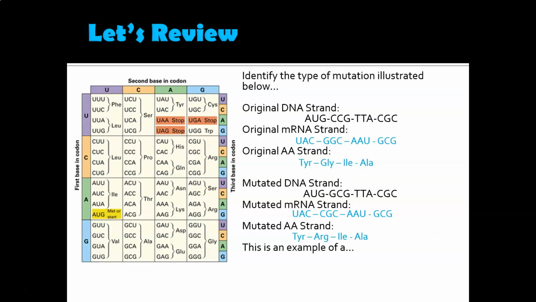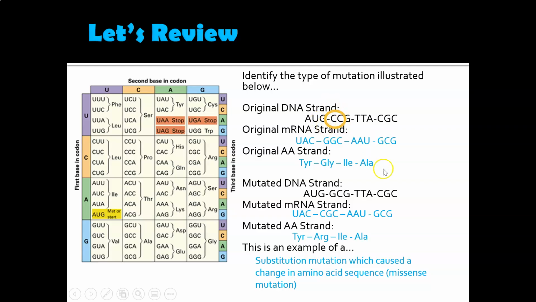And so if I come back to look at the original DNA strand and the mutated strand, hopefully you took notice that I've got a substitution mutation that ends up being caused, specifically a missense mutation. So if you look, here's this C. In my mutated strand, it became a G. Originally this codon coded for a GLY or a glycine.